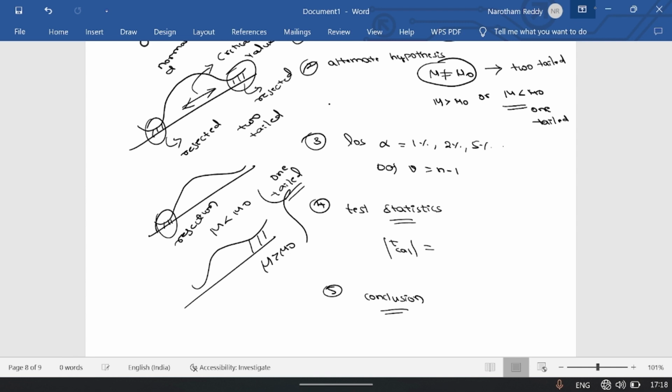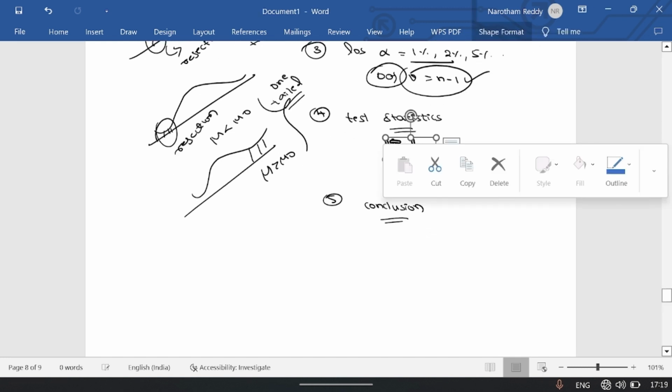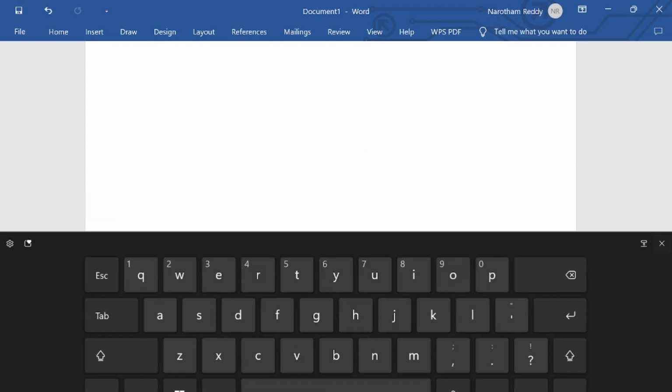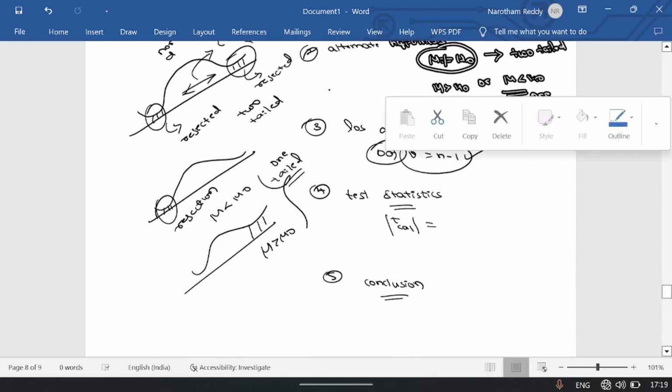Coming to step 3, level of significance, which is represented as alpha, like level of significance 1%, 2%, 5%. Next, degree of freedom, which equals n minus 1. Now, coming to step 4, test statistic.